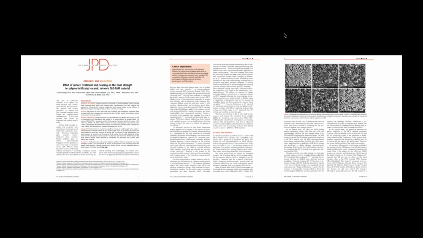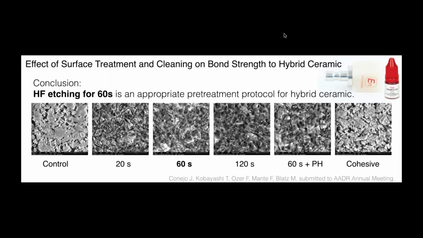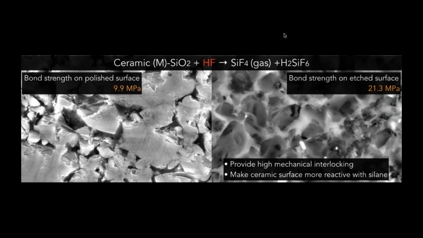So this is just a quick review of some of the research we've done as well on the bonding, and we know that this hybrid ceramic needs hydrofluoric acid etching for 1 minute to create that nice micromechanical retention, and then by applying a silane coupling agent, we can combine both micromechanical and chemical bonding, which are very important for the long-term success of the hybrid ceramics.